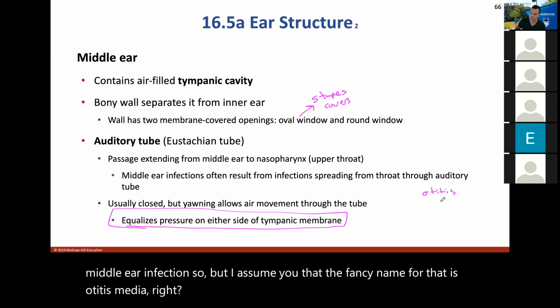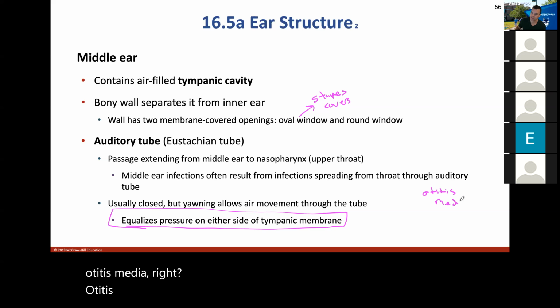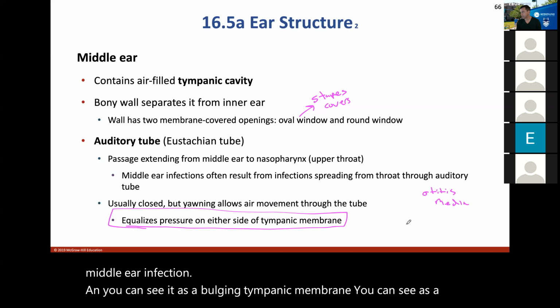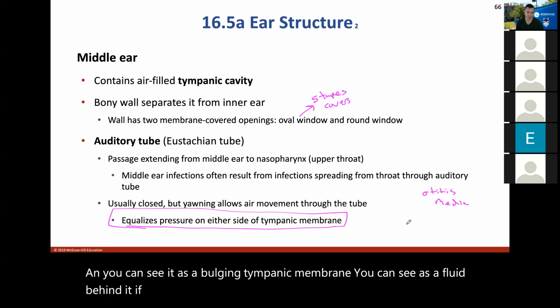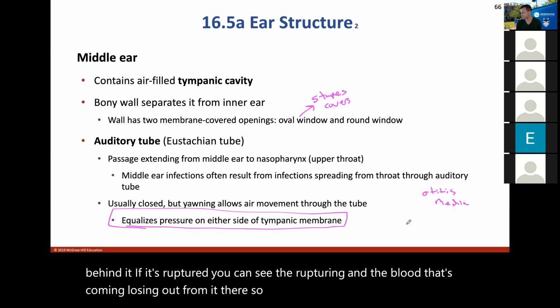Otitis media. Middle ear infection, okay? And you can see it as a bulging tympanic membrane. You can see it as fluid behind it. If it's ruptured, you can see the rupturing and the blood oozing out from it. So there are a lot of manifestations that you can visualize.